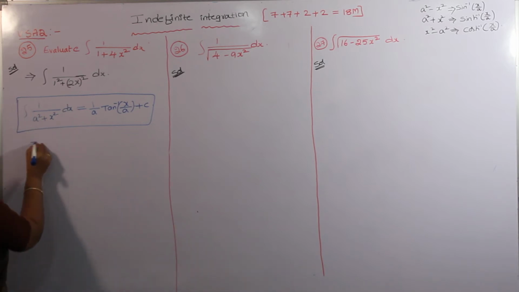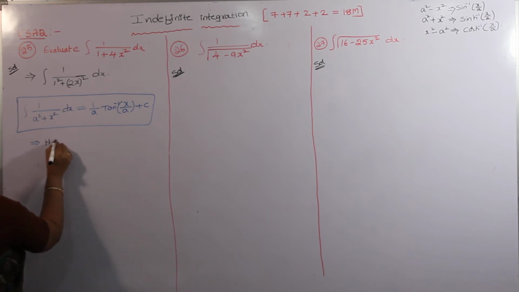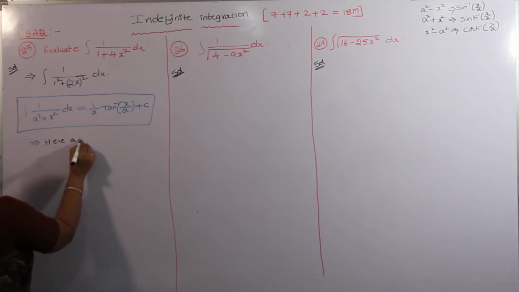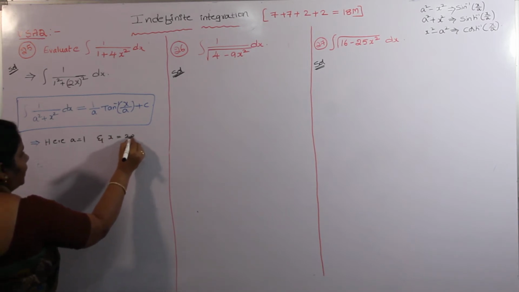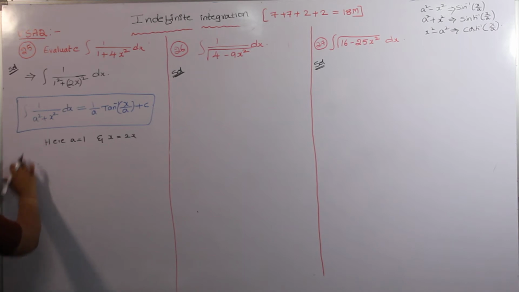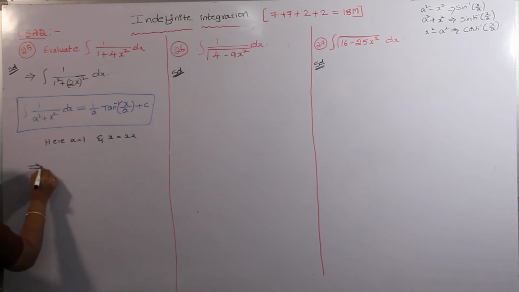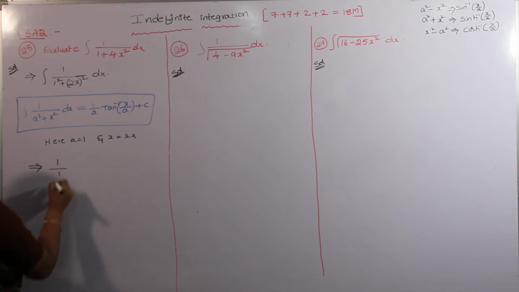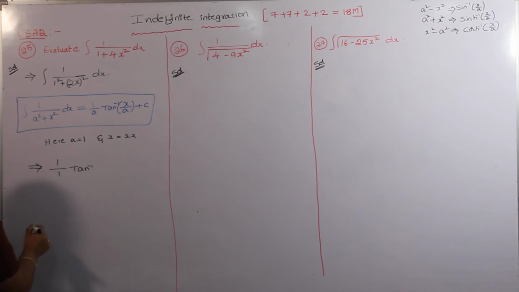Okay, that implies here a is equal to 1 and x is equal to 2x. Apply this formula. That implies 1 by a is 1 into tan inverse x by a.